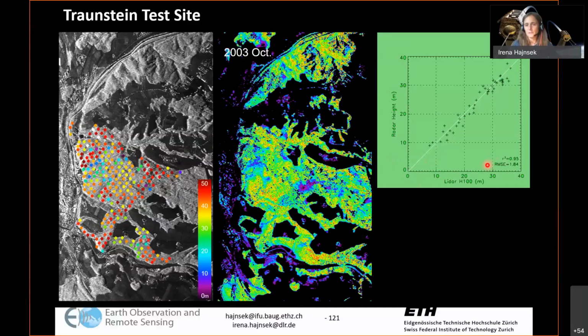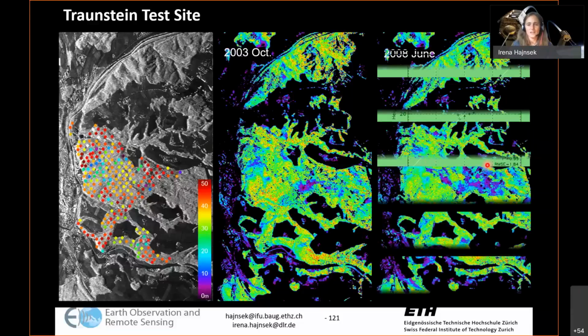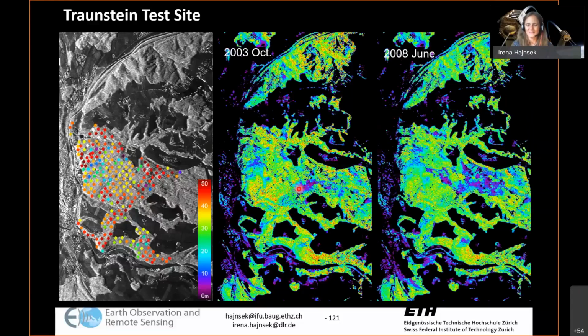Okay, but what we also wanted to understand is whether we see changes, not only the status that you have at the moment. Here's a selection of two scenes where you see strong changes between 2003 and 2008.